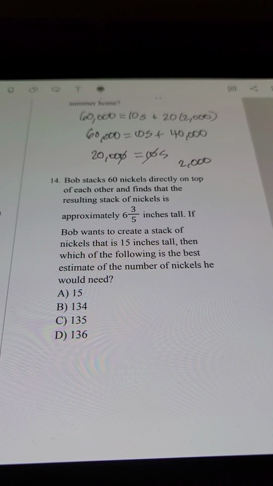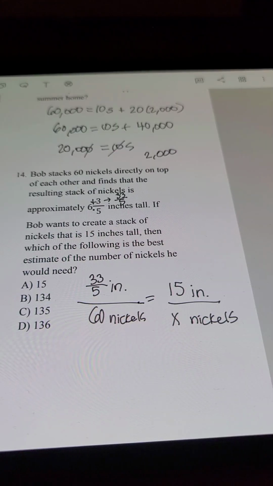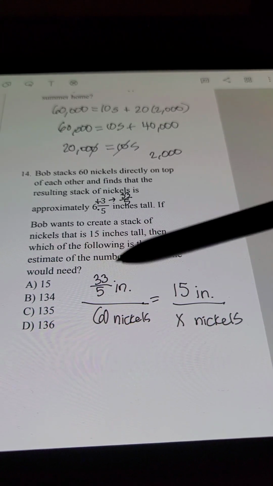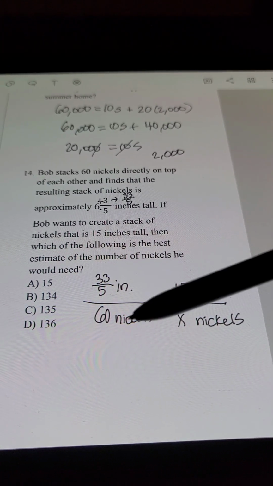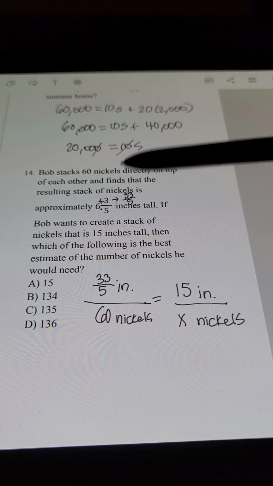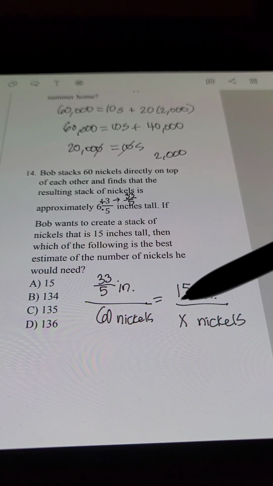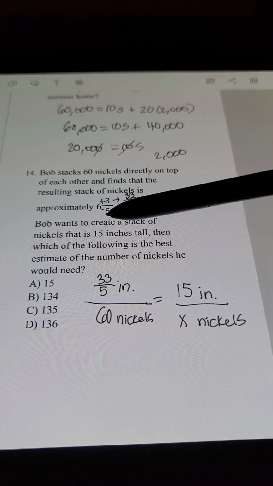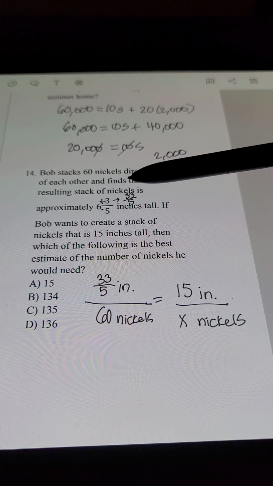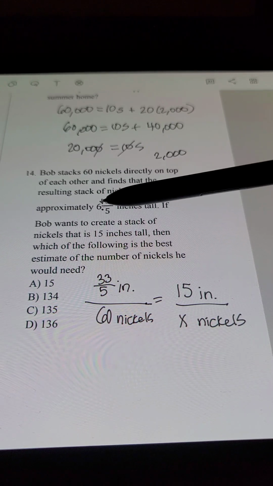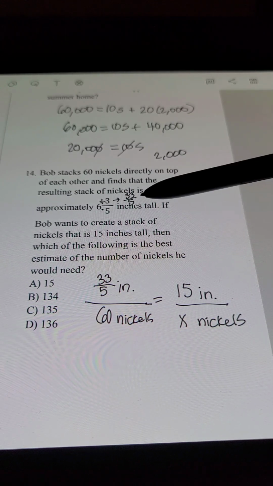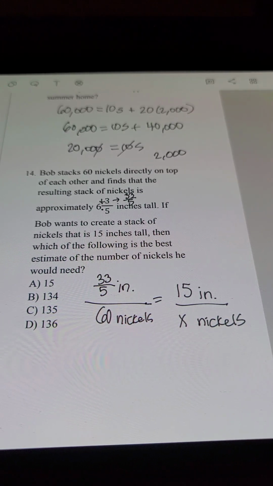Okay, pause, read number 14 if you haven't already. So we're just setting up a direct proportion with inches as units matching on top and nickels as units matching on the bottom. Now the reason I have 33/5 is because I turned that into an improper fraction by multiplying 5 times 6, then adding 3 to get the numerator. So 5 times 6 is 30, plus 3 is 33, and keeping the bottom number 5 as my denominator.